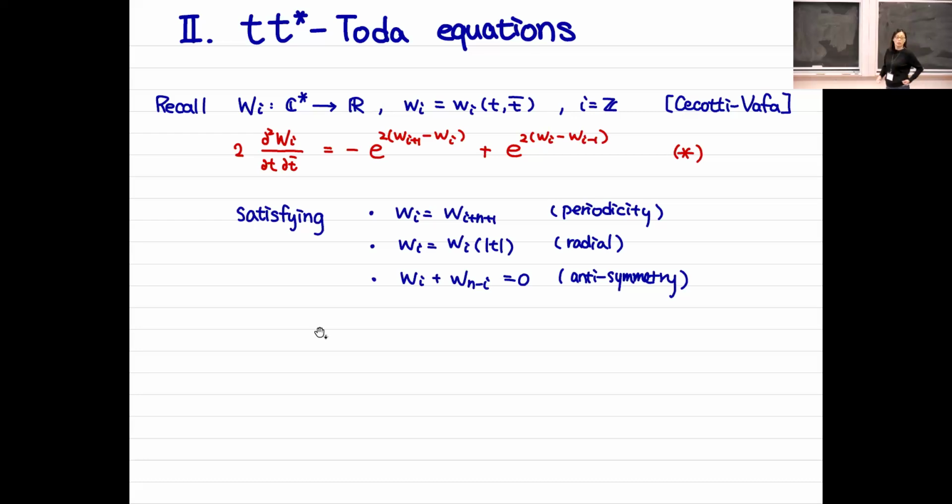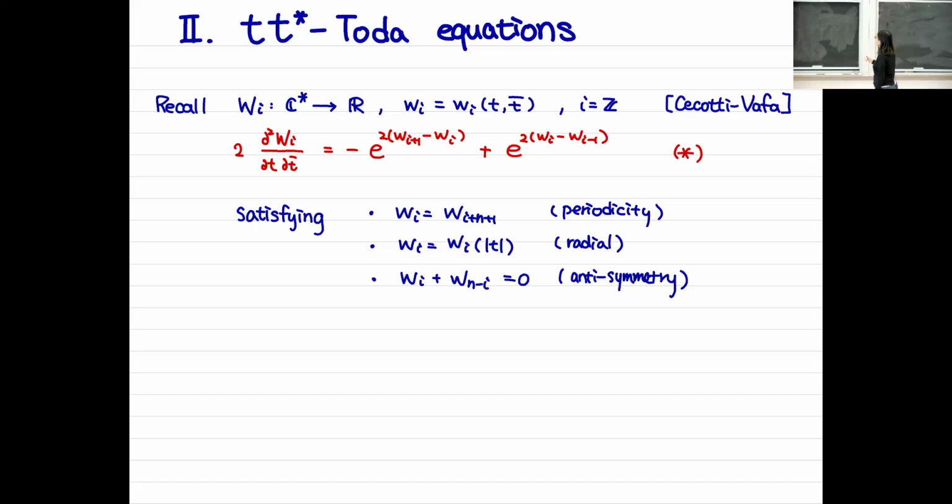And I'm sorry, where does n come in? What is n? In the next slides you will see. It corresponds to the meromorphic connections, to the structure group. From 0 to n, you have n plus 1, representing the group, which will be SL_{n+1}. Or you can think of it as the bundle. That's the rank of the bundle.